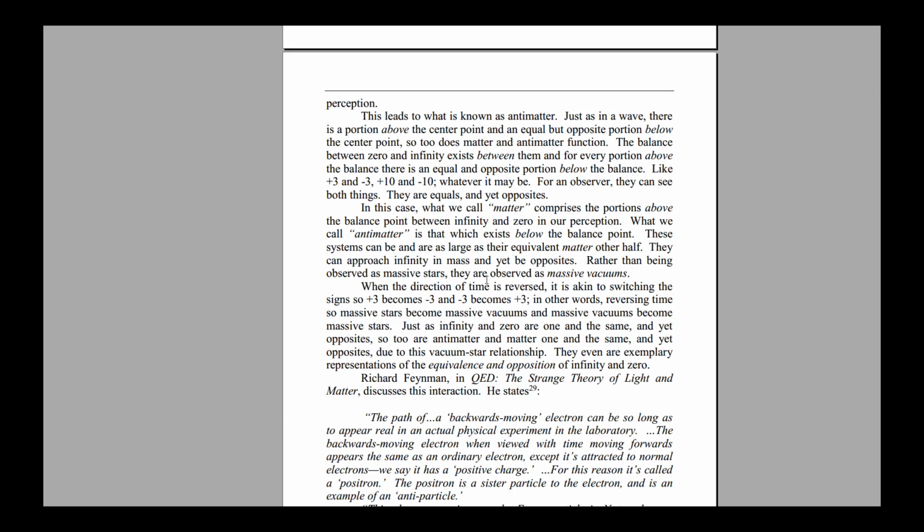Rather than being observed as massive stars, they are observed as massive vacuums. When the direction of time is reversed, it is akin to switching the signs so that +3 becomes -3 and -3 becomes +3. In other words, reversing time so massive stars become massive vacuums and massive vacuums become massive stars.